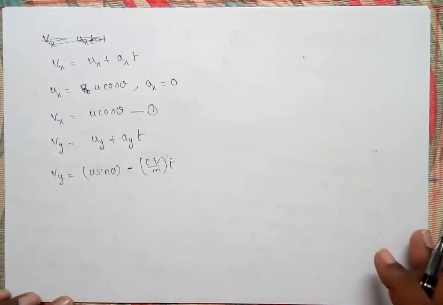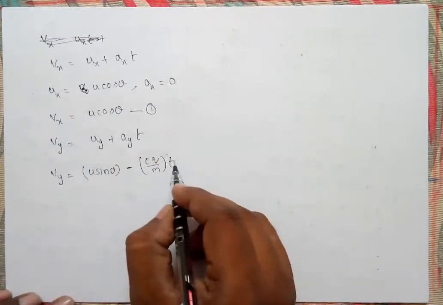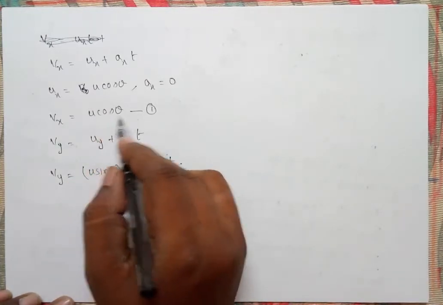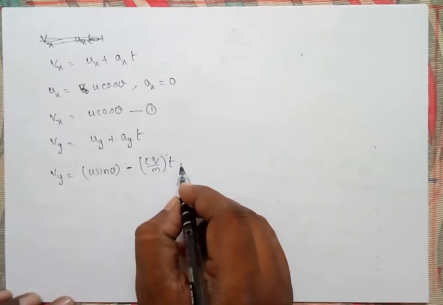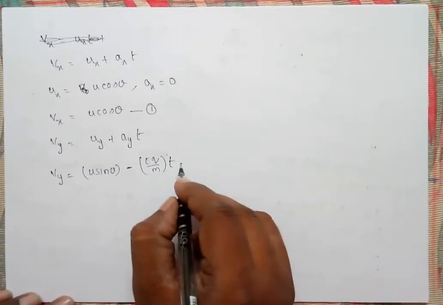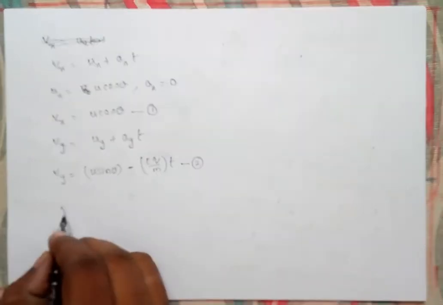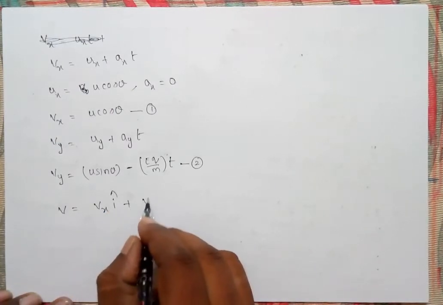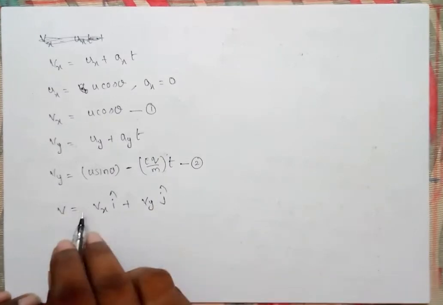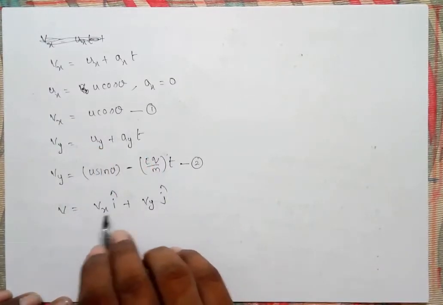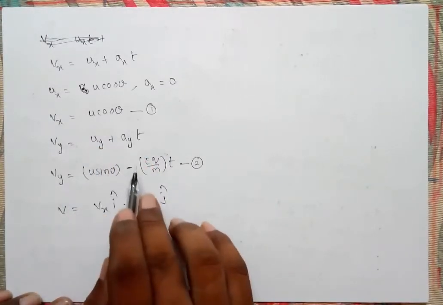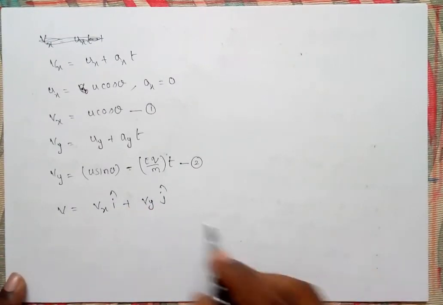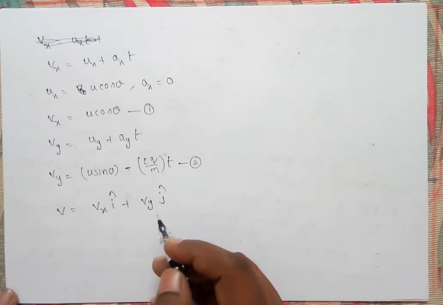So this is the initial velocity, final velocity along the x-axis, and final velocity along the y-axis. In vector form we can write v equals vx i cap plus vy j cap. Here vx is u cos theta, vy is u sin theta minus eq by m into t. So this is the velocity vector after time t seconds.